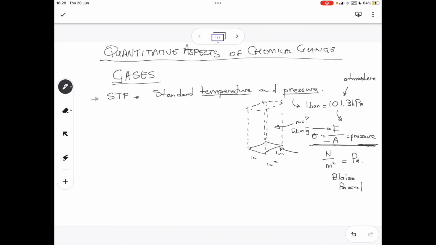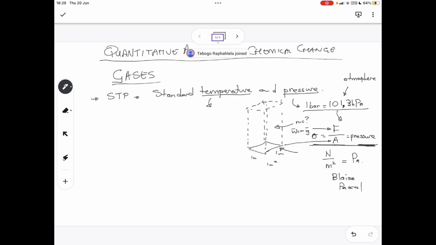And when you divide it by this area here, that's what gives you the pressure of 1 bar. So in most places on the planet, the pressure of the air on the surface of the ground is assumed to be 101.3 kilopascal, or 1 bar.